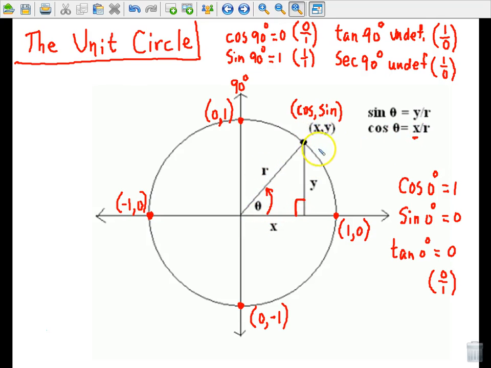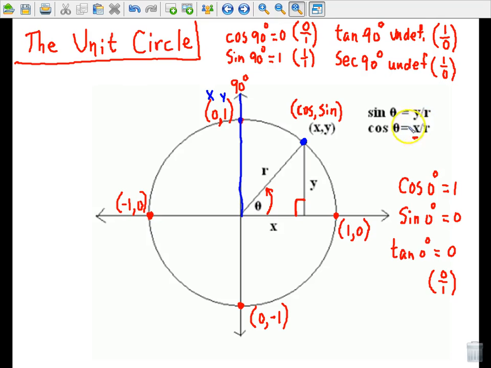Really the trig functions are related to the ordered pair of this point on the circle, and as this angle rotates around, that changes the value of my trig functions. Notice when this angle becomes 90 degrees, at this point on my circle the x-coordinate is 0 and the y-coordinate is 1.